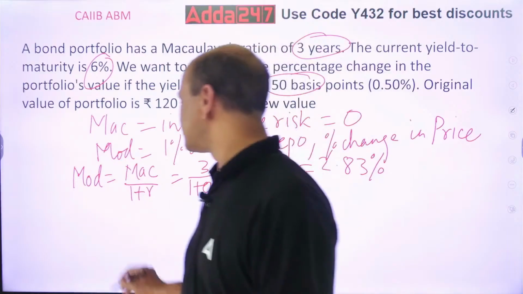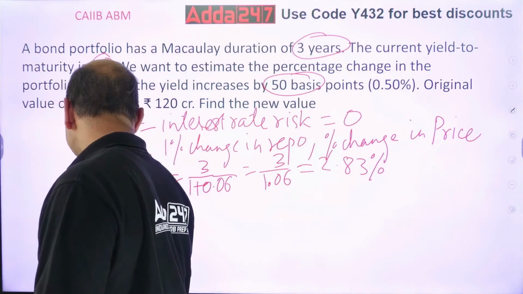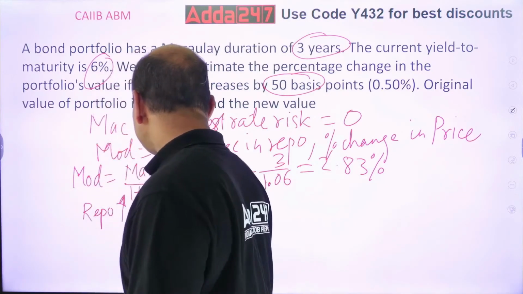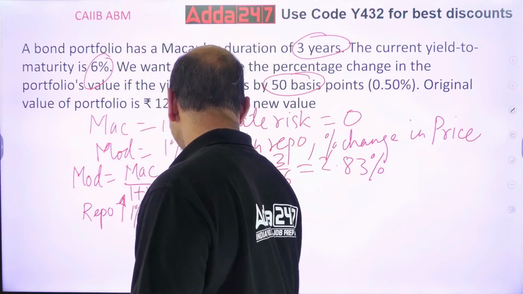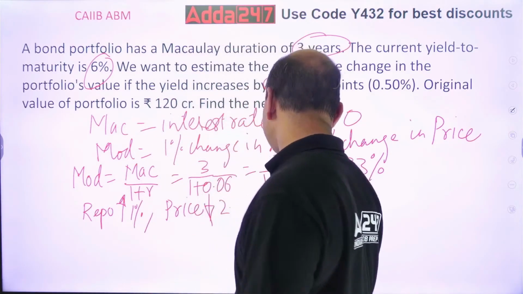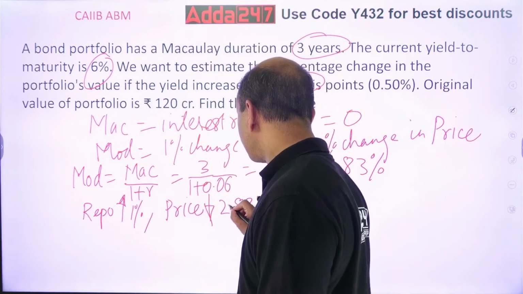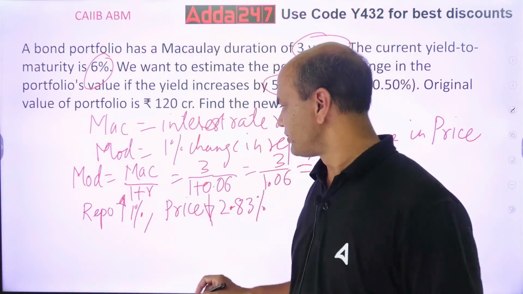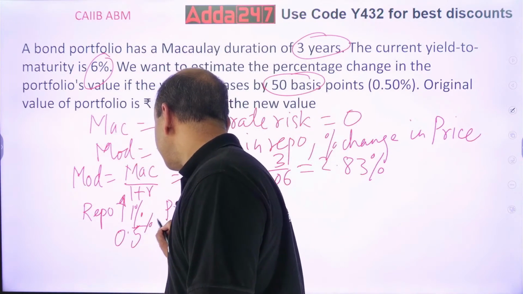So now understand this. If repo rises by 1%, my price will fall by 2.83%, right? So if my repo now rises by only, let's say, 0.5, this will also change.